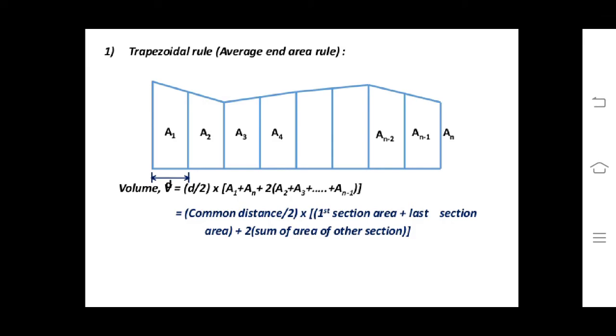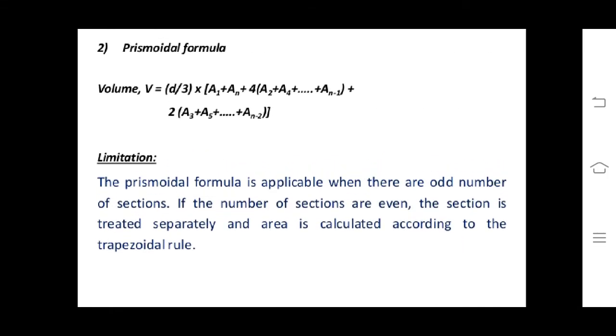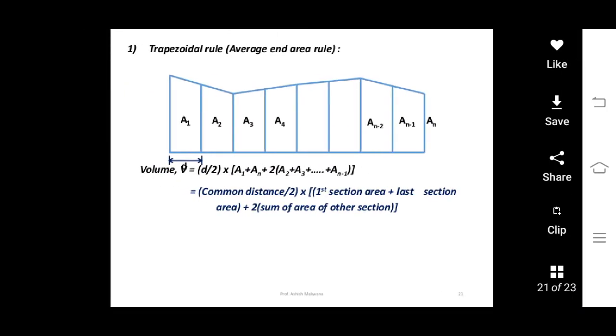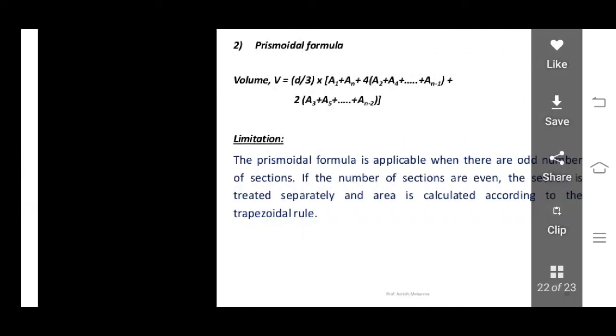The common distance divided by 2 into first section area plus last section area plus 2 times the sum of area of other sections. Putting all values, we can get the total volume of the given data by trapezoidal rule.